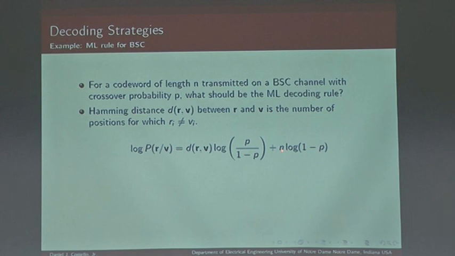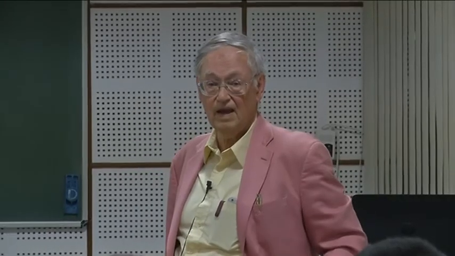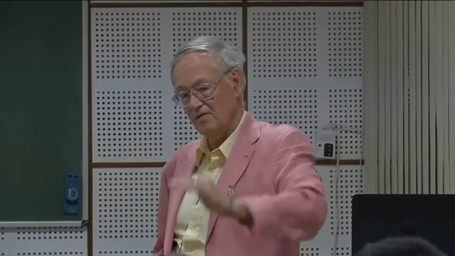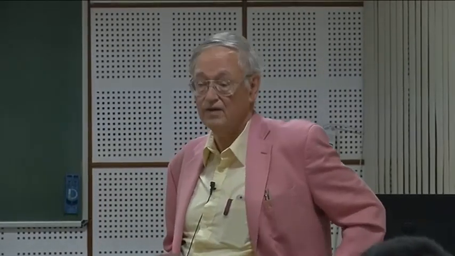In our little example, there were 8 choices. So we go and compare r to each of our 8 code words and pick the code word which has the smallest distance to r, fewest number of errors. That's going to be the most likely. That's going to minimize this probability here. And therefore, that's the v that we should assign to that r. We do this for each of the 64 different r's, and we've got a maximum likelihood decoding rule.